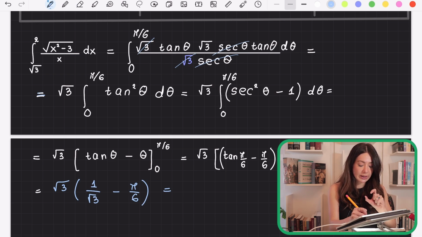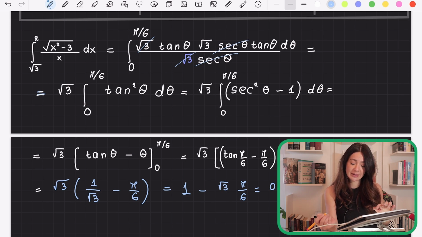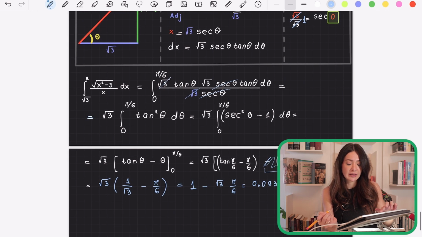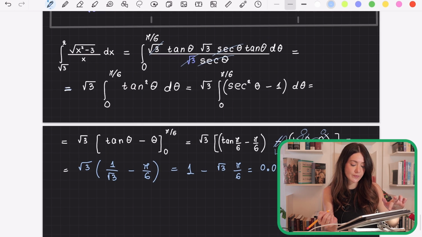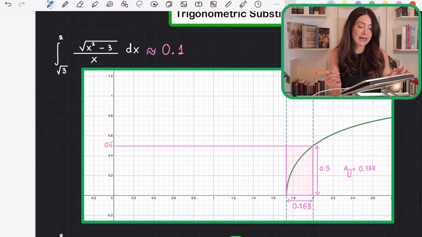Put that square root of 3 inside the parentheses. You get 1 here, and you get square root of 3 times pi over 6 here. Put that in your calculator, and you're gonna get 0.31, maybe? Something like that. Yep. So that is very close to 0.1, which is something we predicted initially.